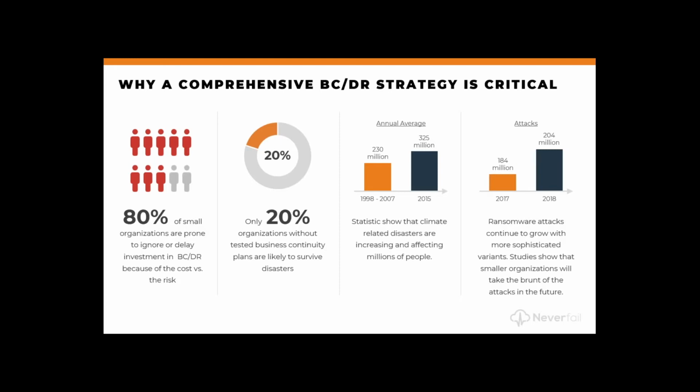And finally is ransomware, right? This is our new normal, if you will, the cybersecurity risk. They started taking statistics around 2016, 2017, when they felt that this was going to be our new normal. But when you look at the numbers in 17 and 18, it just went up almost exponentially, right? It went from 184 million to 204.